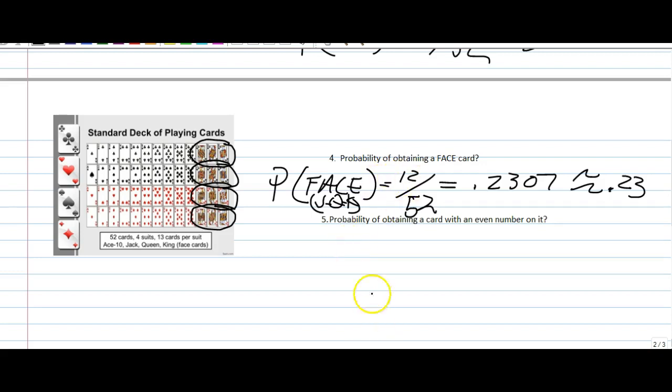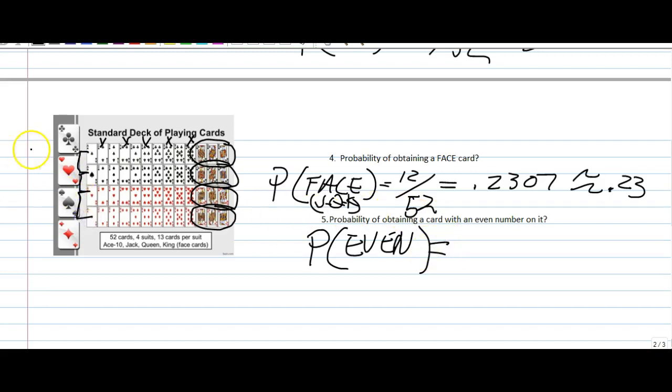The next question is a little bit more difficult, but nonetheless can still be answered. I want to know, if I select one card at random, what's the probability of obtaining an even number? So looking at my cards here, look at my even numbers: 2, 4, 6, 8, and 10. So I have 5 even numbers in each suit, and I have 4 suits.